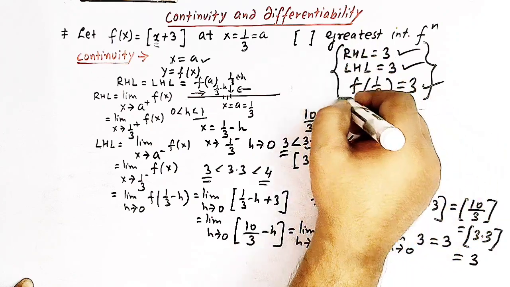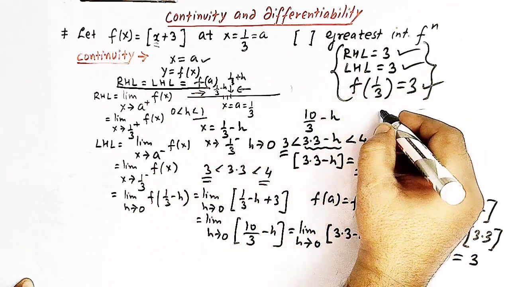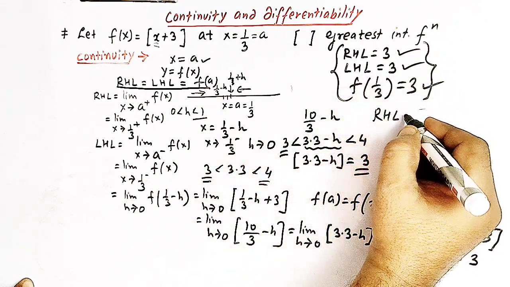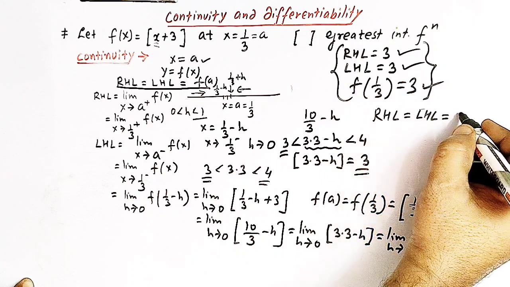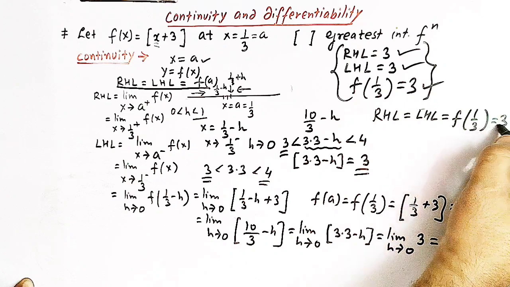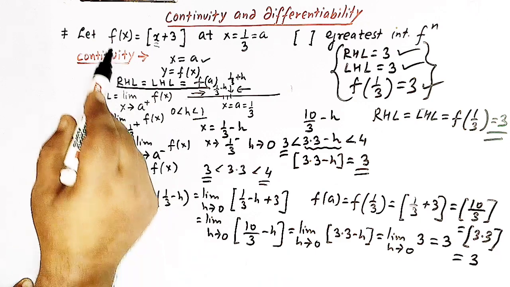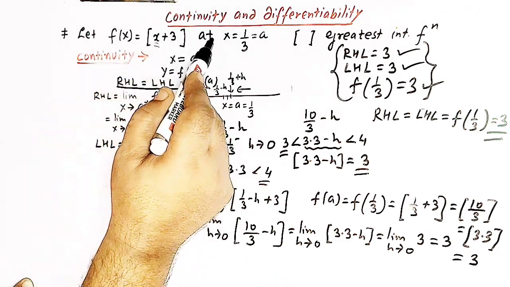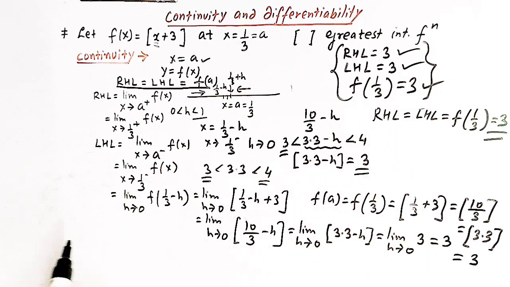So these three quantities are equal to each other. So we can see that the right hand limit is equal to left hand limit is equal to f of 1 over 3, and this is equal to 3, right? So we can now claim that this function is continuous at x is equal to 1 over 3, right?